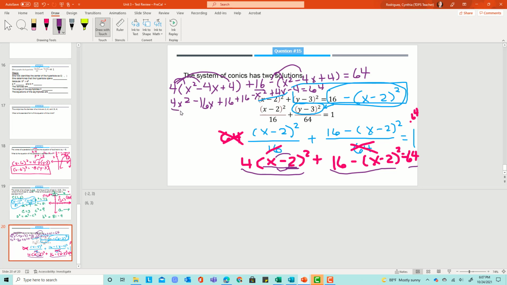Now combine like terms. Positive 4x squared minus x squared is 3x squared. Negative 16x plus a positive 4x is negative 12x. And then positive 16 plus a positive 16 is positive 32 minus 4.